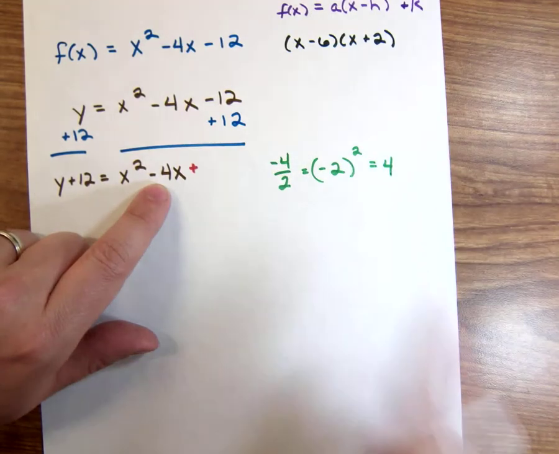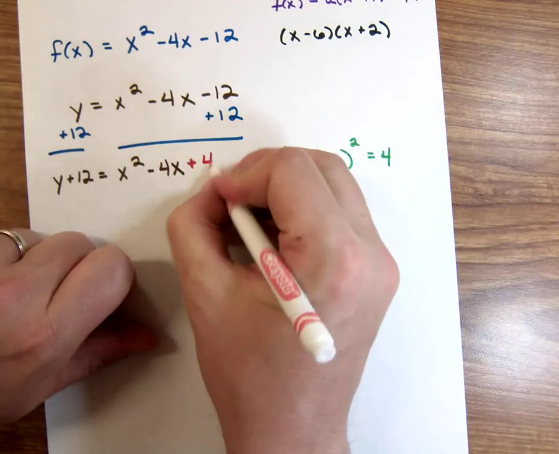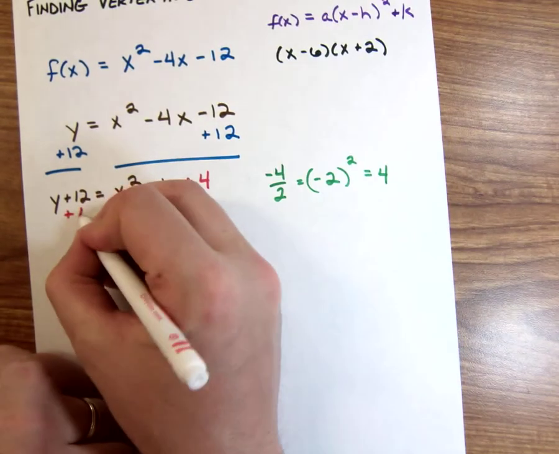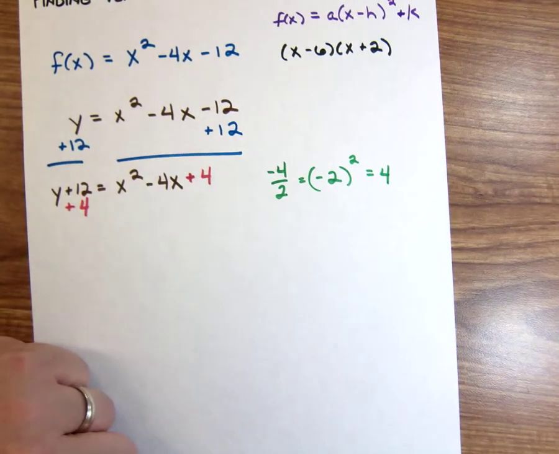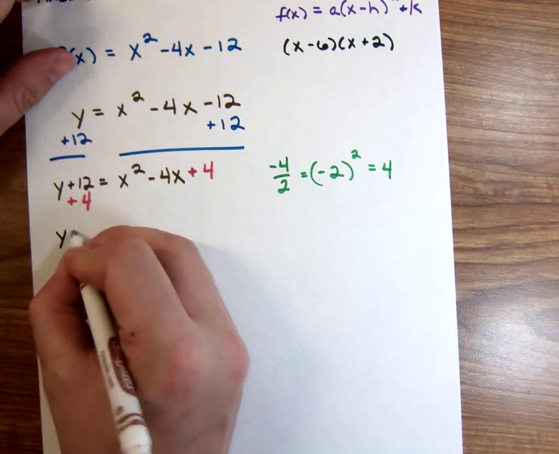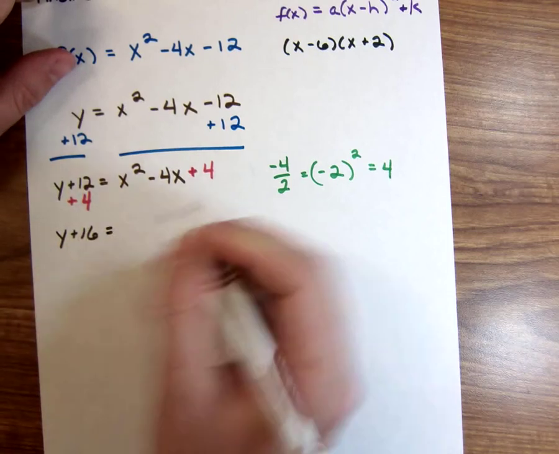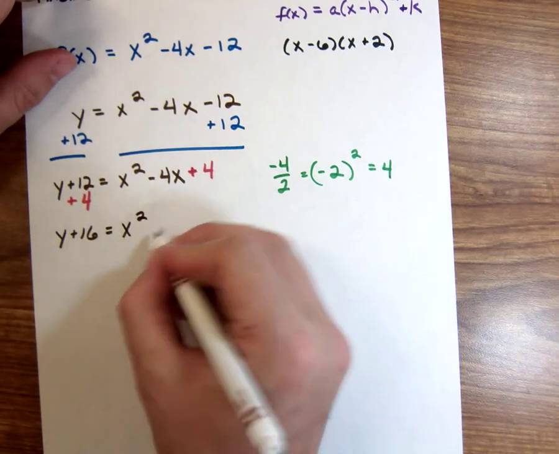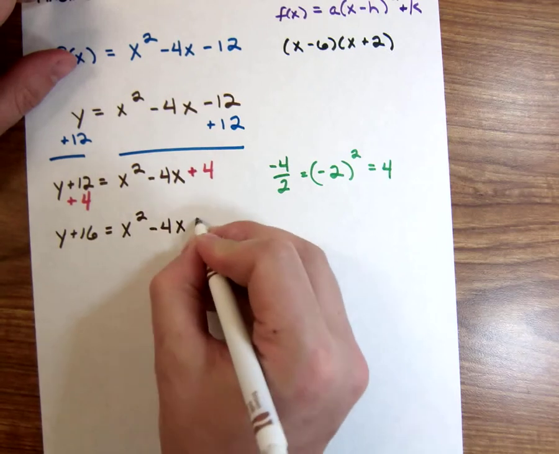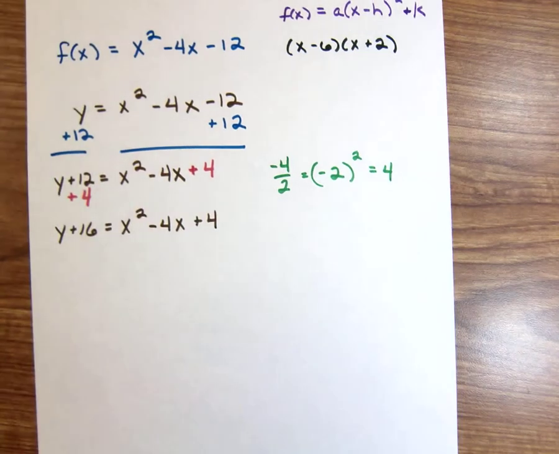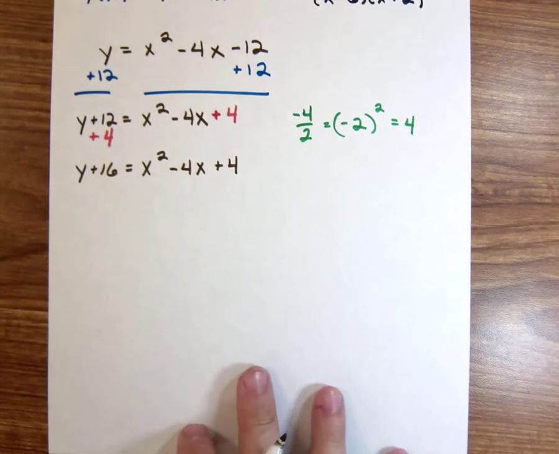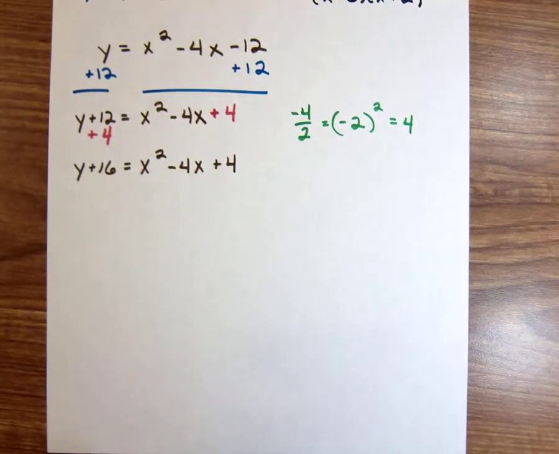So I need to add 4 to both sides. On the left side, we have y plus 16. And on the right side, x squared minus 4x plus 4. That's completing the square. Please review that if you have forgotten.